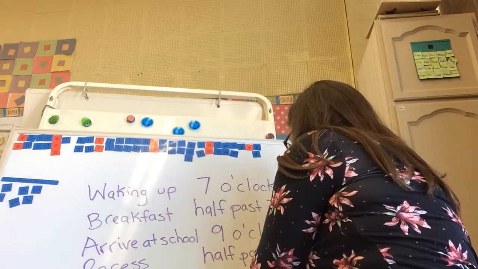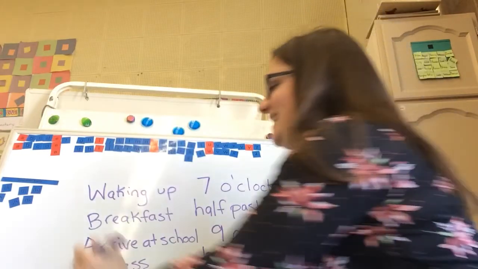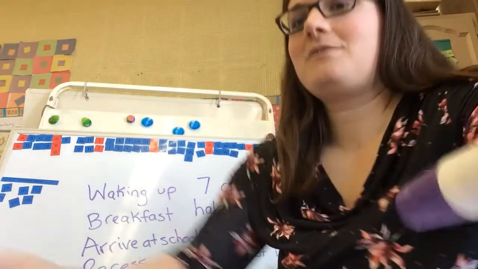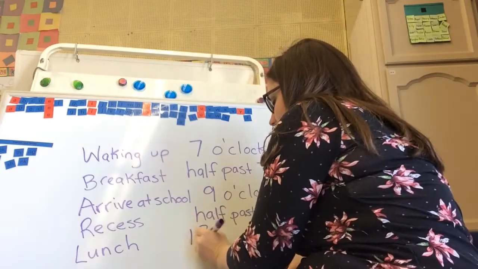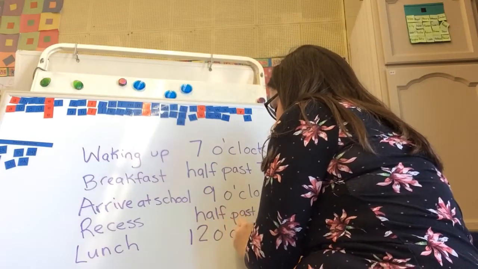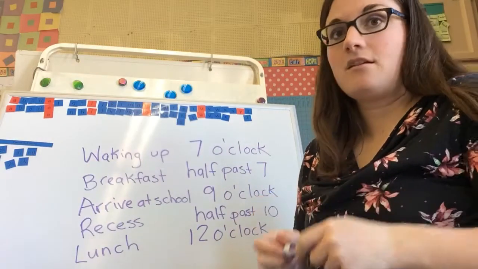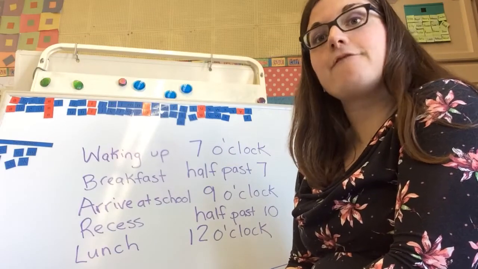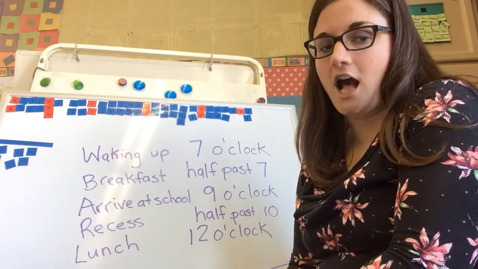And do you know what time we get to eat again at school? Lunch happens at, oh, I realize you just can't see all the way down there. So lunch happens at 12 o'clock.